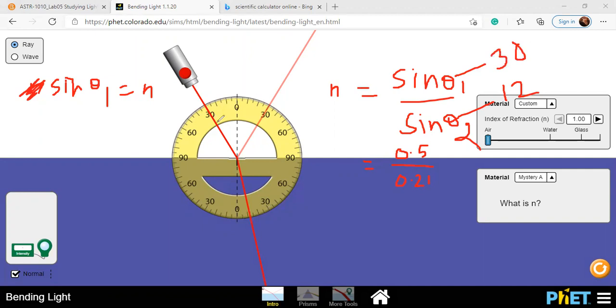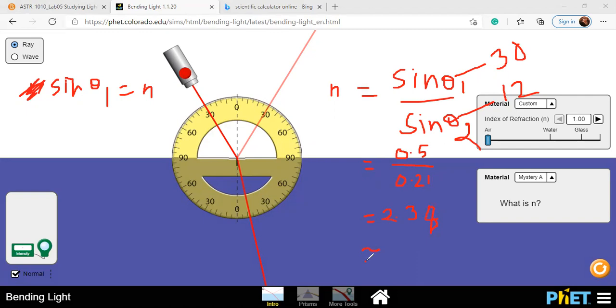It's straightforward, right? If I do the calculation, 0.5 divided by 0.21, I'm getting 2.38.